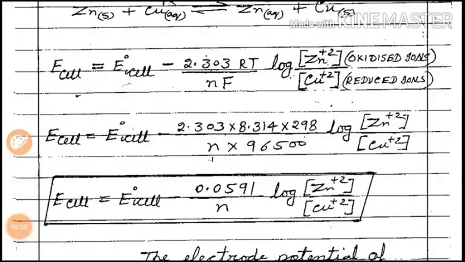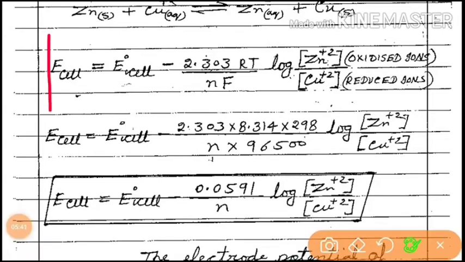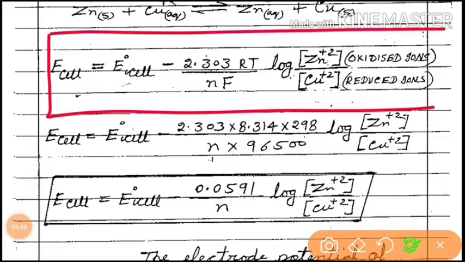What is the Nernst equation? This is the Nernst equation. In this you see E cell means EMF of the cell at conditions other than standard, and this is the E naught cell, that is the EMF of the cell at the standard condition that we calculate.